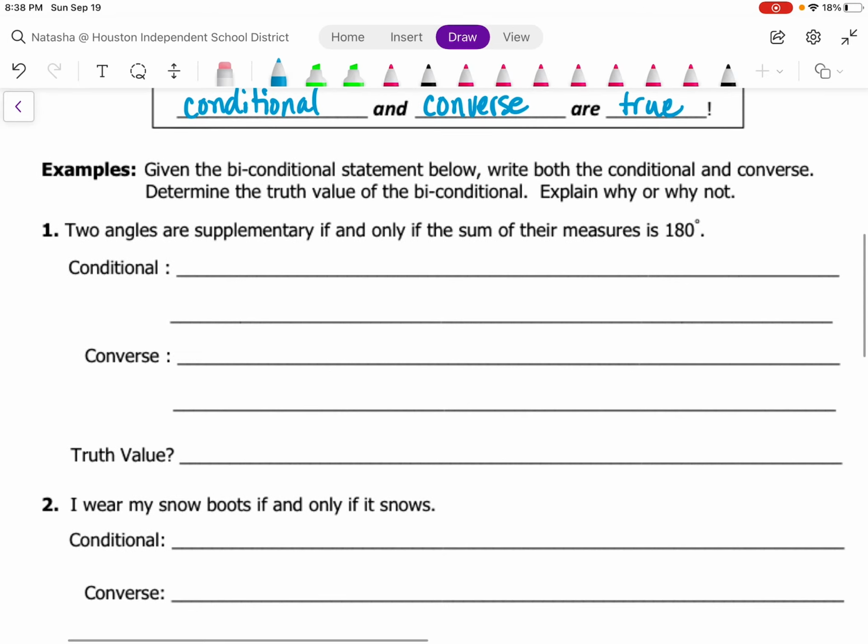So remember, we're going to be thinking about some potential counterexamples, which would make that no longer a true biconditional statement.